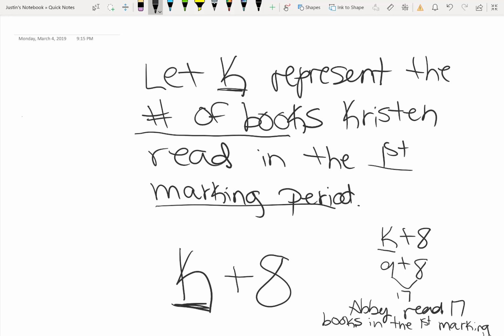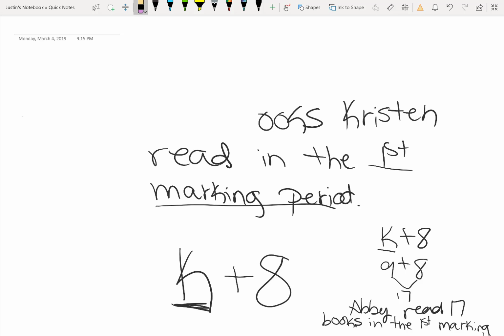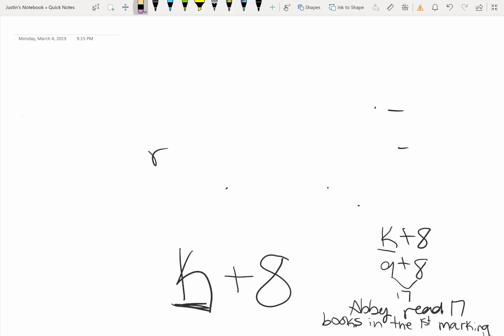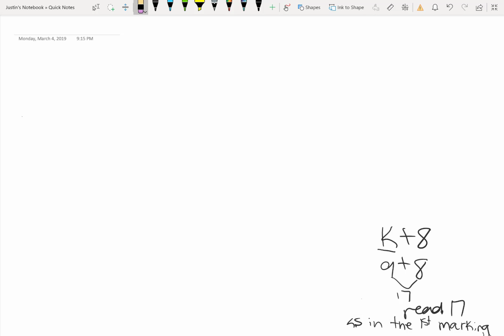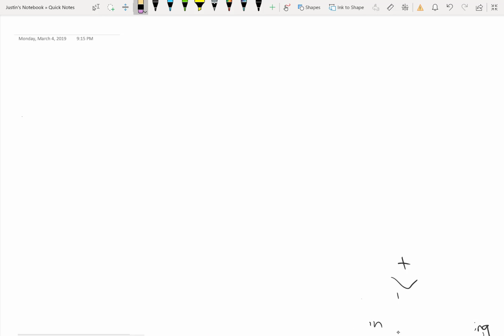All right, I'm about to erase it. All right, so flip the page, or turn the page, and you'll see more just like this.